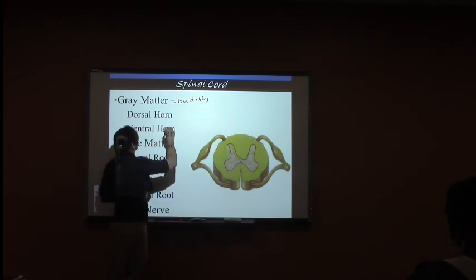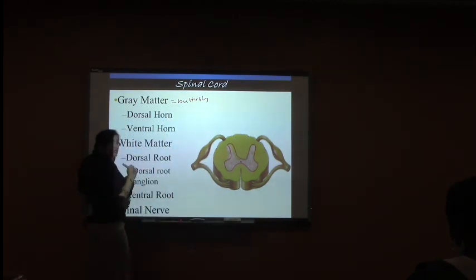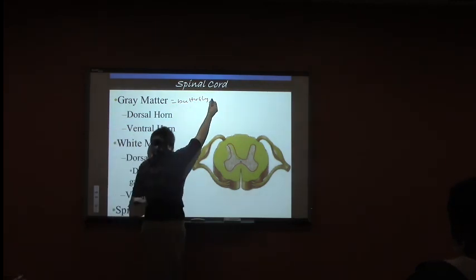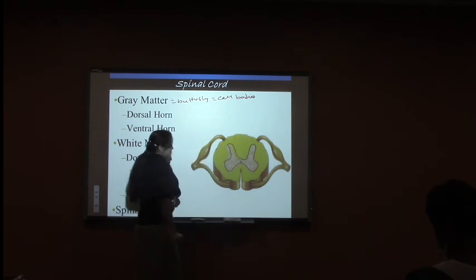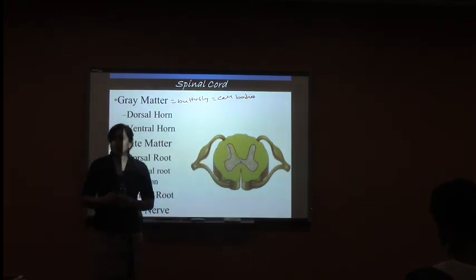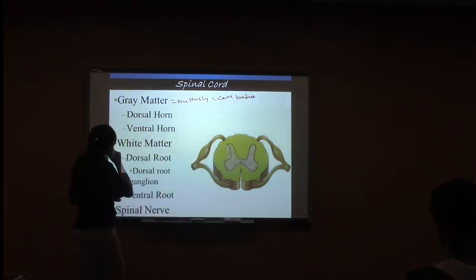Now, what was gray matter made up of? Gray matter was made up of cell bodies. The gray matter looks like a butterfly. It has two horns.